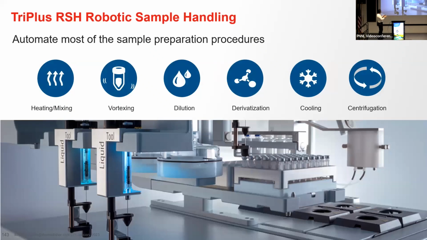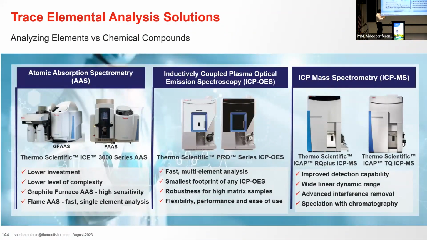We have the ability to do sample preparation or different types of sampling for GC with robotic sample handling. And then on the trace elemental side, we have atomic absorption spectroscopy, AA, ICP-OES, inductively coupled plasma optical emission spectroscopy, and then ICP-MS, both single and triple quad.